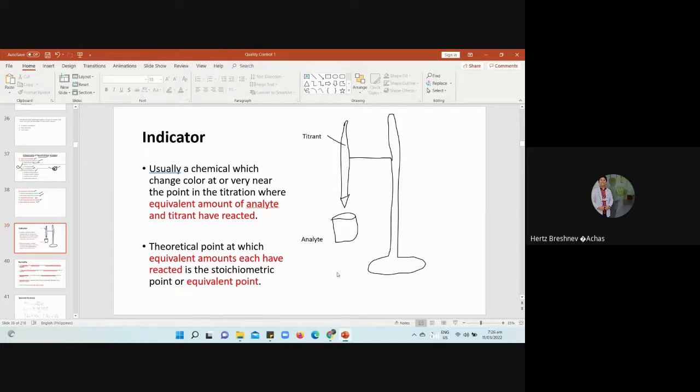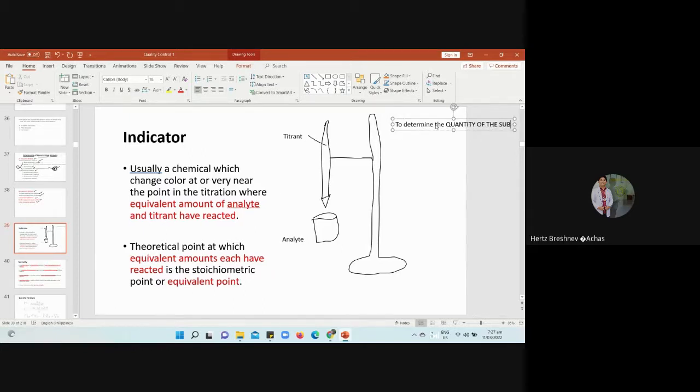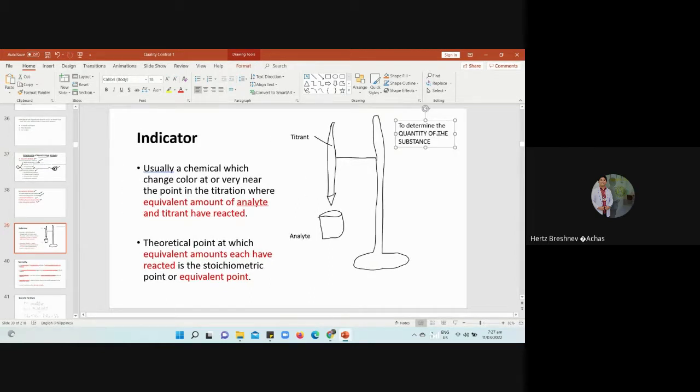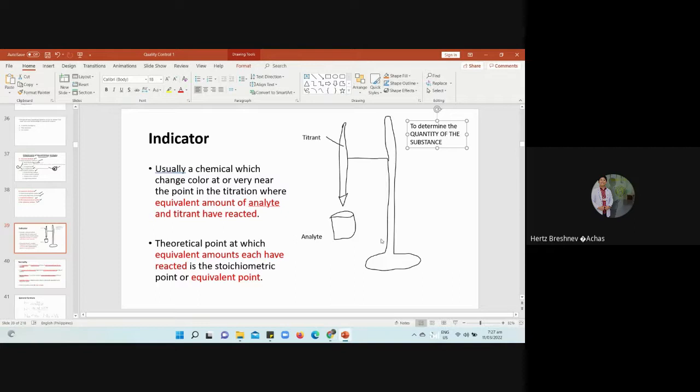And what did we emphasize as the main goal of pharmaceutical analysis? Let me just write it here. To determine the quantity of the substance. That is our main goal in conducting this titration.